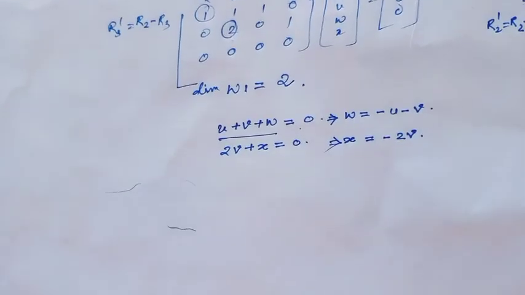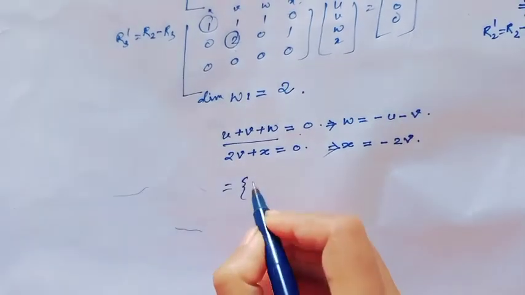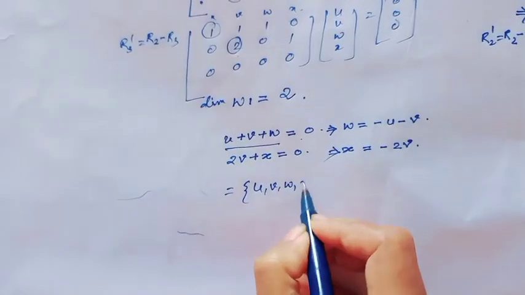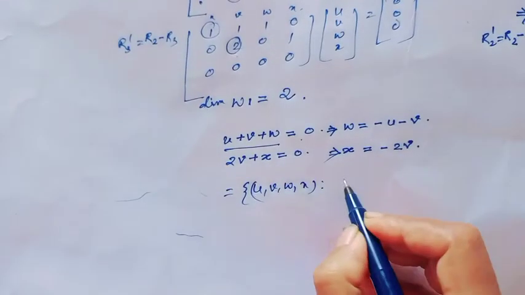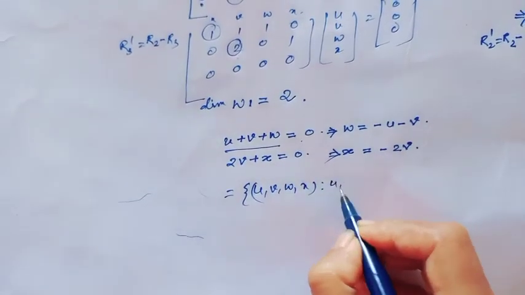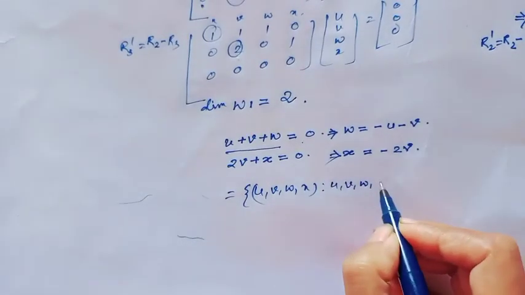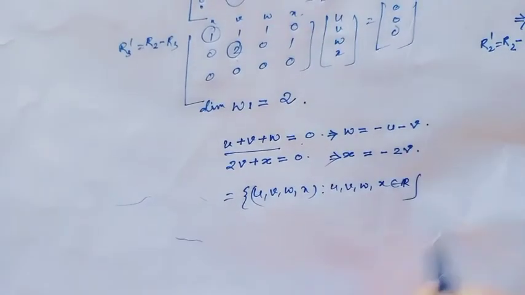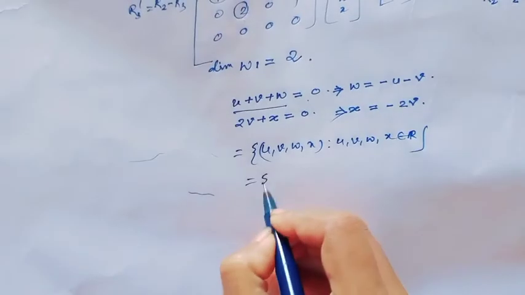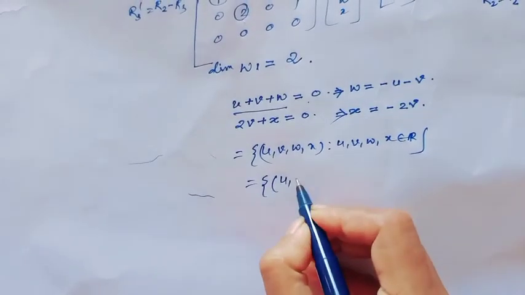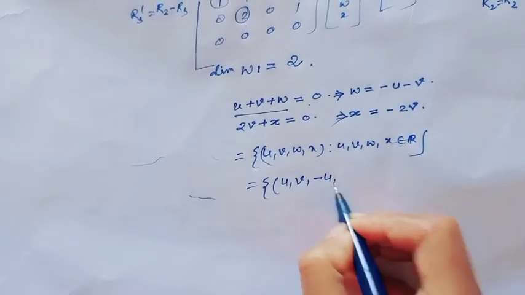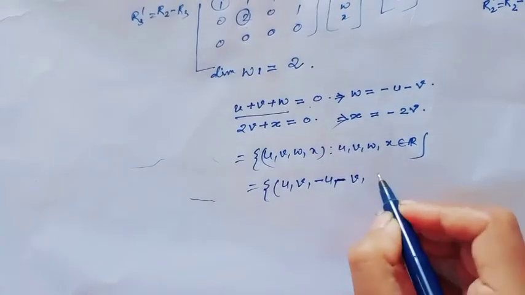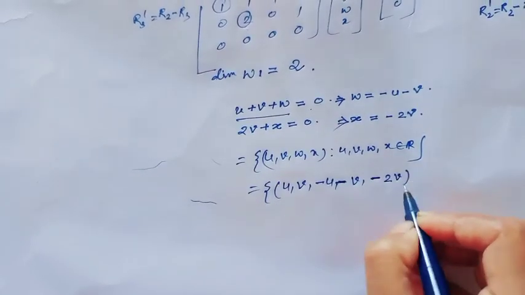That means the vector would be of this type u v w x, where u v w x belong to the real numbers, and this would be u, v, minus u minus v, and x means minus 2v.